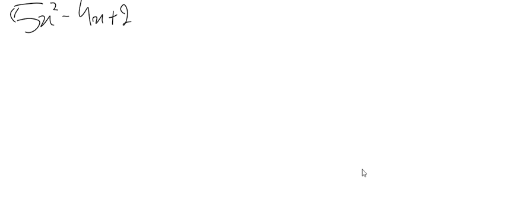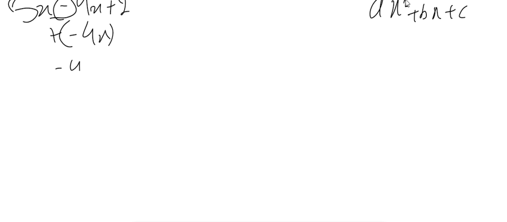Some students have some difficulty understanding the quadratic equation. They say the quadratic standard form is ax square plus bx plus c, but here it is minus. So don't be confused, you should know that plus into minus 4x means minus 4x.